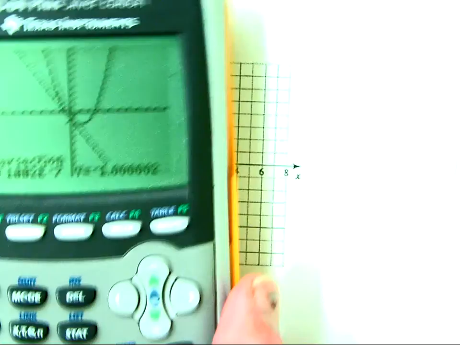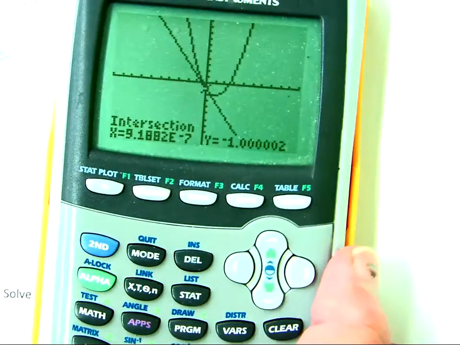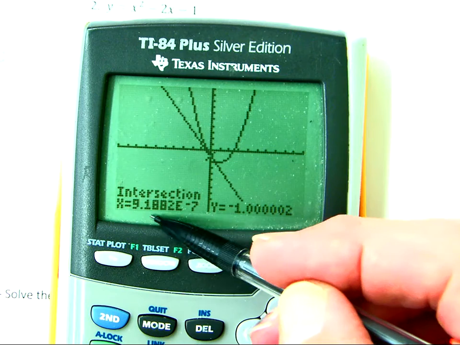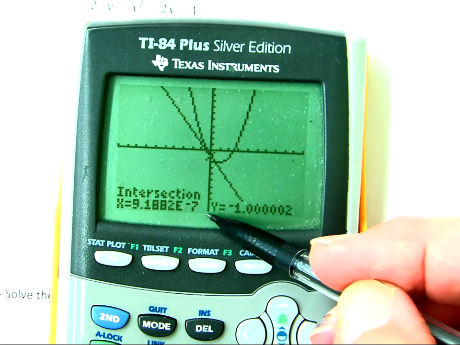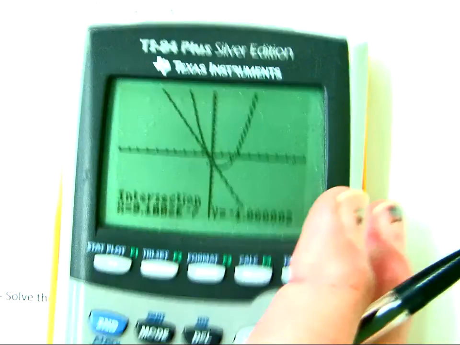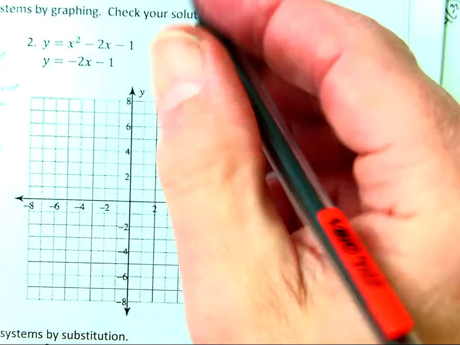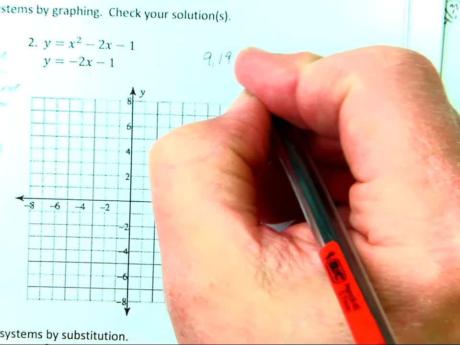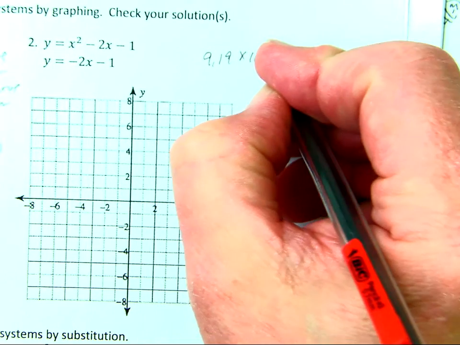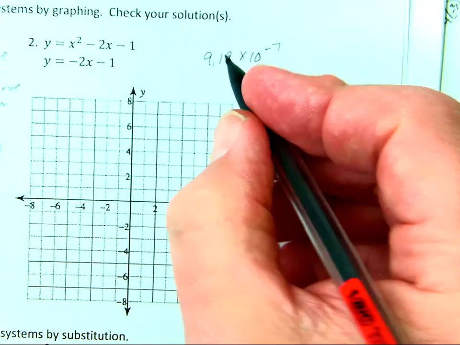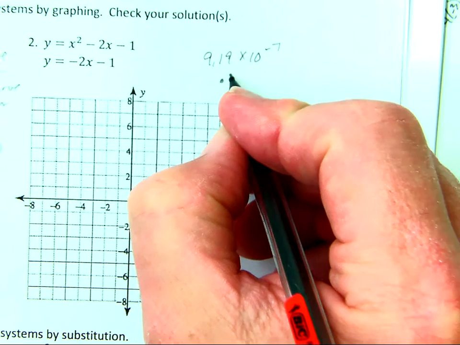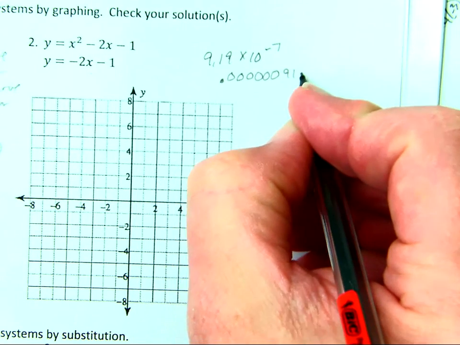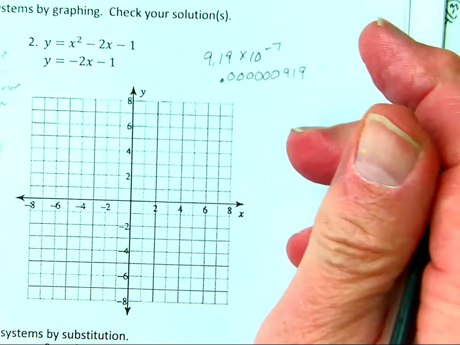Now, if you see what it says right here, you see how it says 9.1882 and then e to the negative 7? That's scientific notation. So remember, that means 9.1, let's round it off to 9, times 10 to the negative 7. If you wrote that out as a decimal, that's a decimal and 6 zeros, and then 919. So that is a really, really small number.